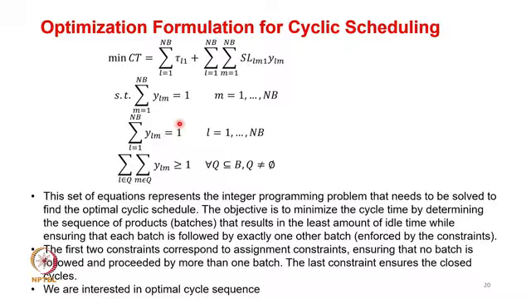The last constraint indicates that it is assuming a closed cycle. When you sum them up, the indicator values indicate that one follows another, and we are interested in solving this problem to find the optimal cyclic sequence.